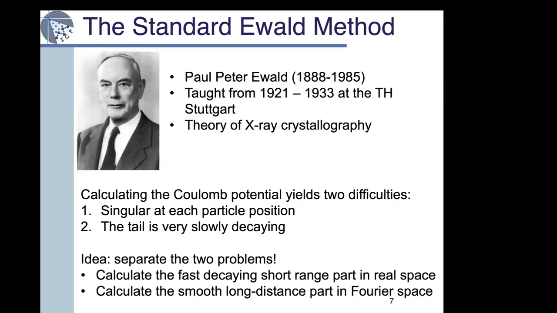Now, the idea is to separate these two problems. First, to calculate the fast decaying short range part in real space. I'm talking about real space because we will use some Fourier transformations in order to handle this problem. And on the second part, you will calculate the long distance part in Fourier space.